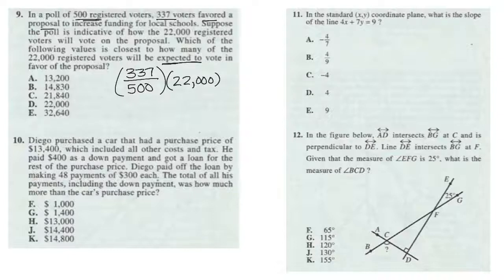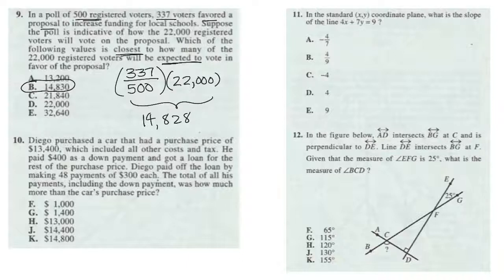And when you multiply all that wonderful stuff out, you should get answer choice B. That's going to be the closest one. Notice it says closest. I think when you multiply this out, you should get 14,828. So you see how answer choice B would be the correct answer.